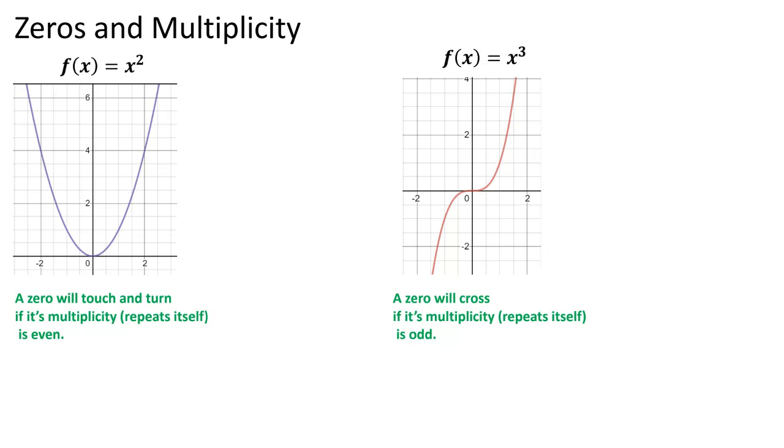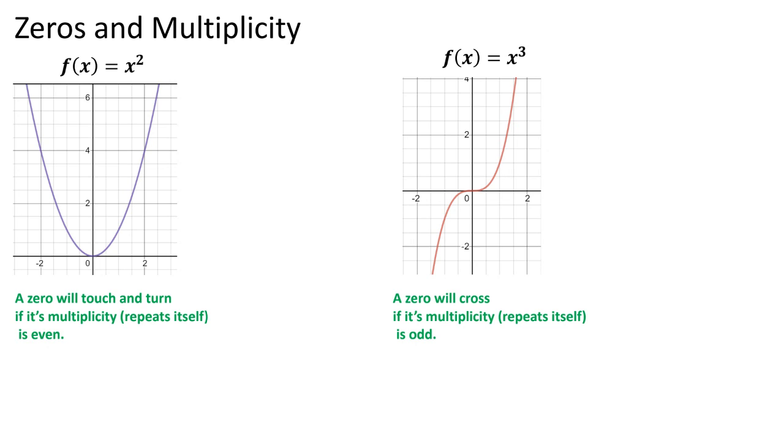So let's review multiplicity. Multiplicity has to do with whether the graph crosses the x-axis or just touches it. In this particular one, the first one here, x squared, we see that the graph touches 0 and then goes up again. So what this means is we have a double 0 here.